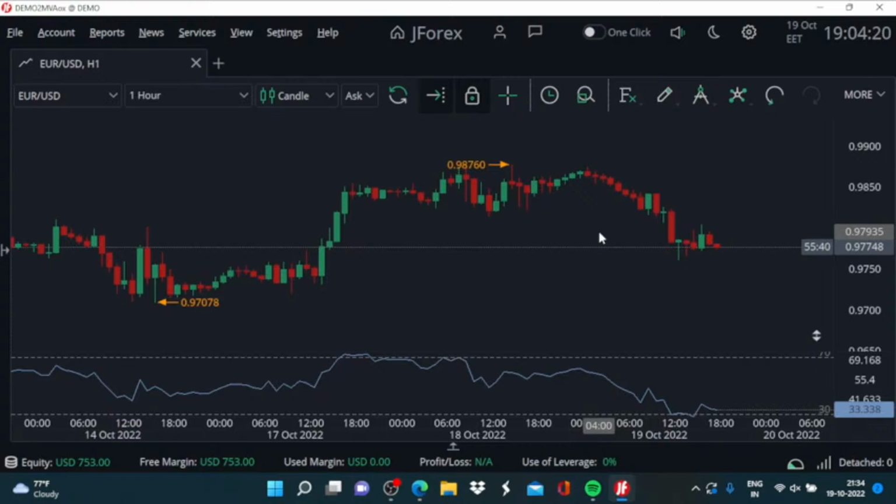For example, if out of 14 days there have been gains on around 8 days and the remaining 6 days have been in losses, then we consider the average gains. Whatever the gains over those 8 days are averaged out, and the losses over the 6 days are averaged out. So we get a ratio which is then utilized to get a value between 0 on the lower side and 100 on the higher side.